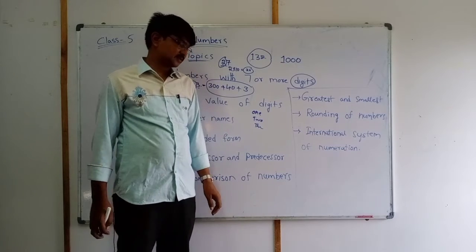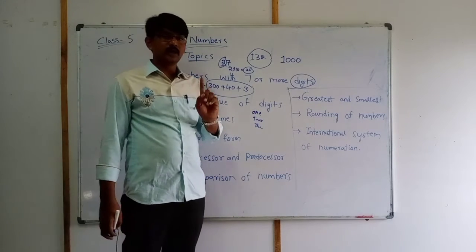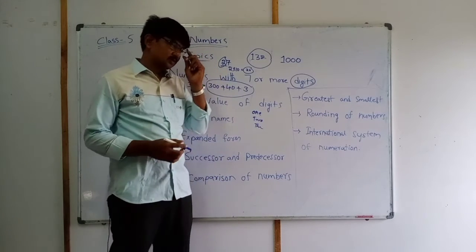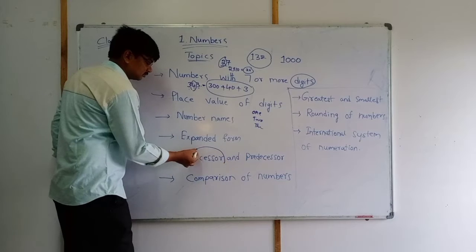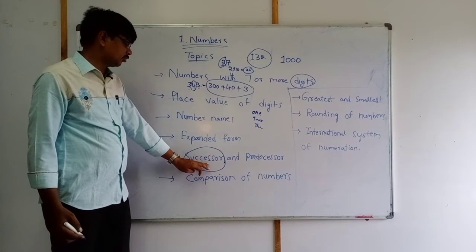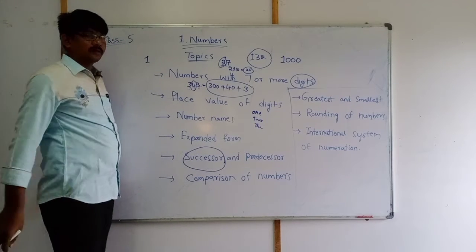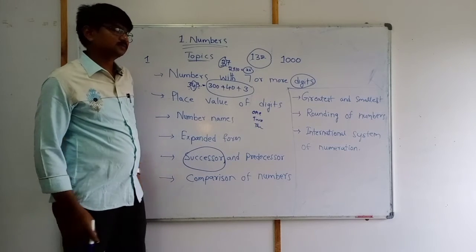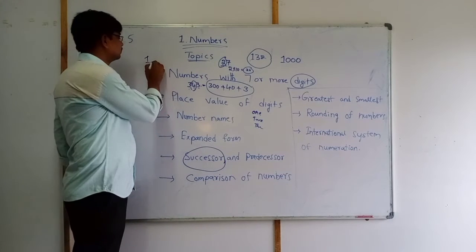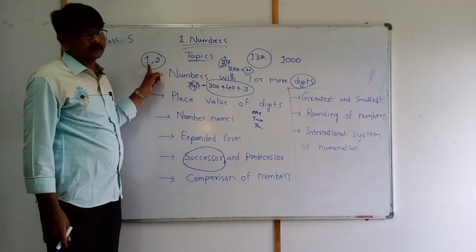Next, successor and predecessor. What is successor? Successor means one number increases. I am telling an example for successor. 1 is here. What is the successor of 1? One number should be increased, then 2. 2 is the successor of 1.